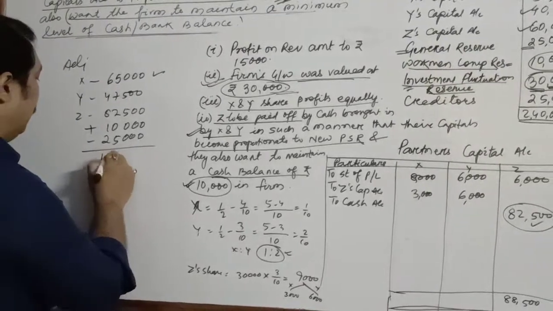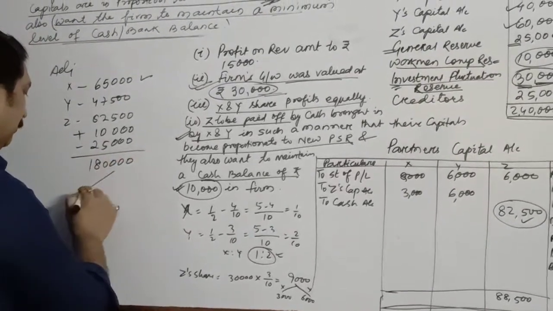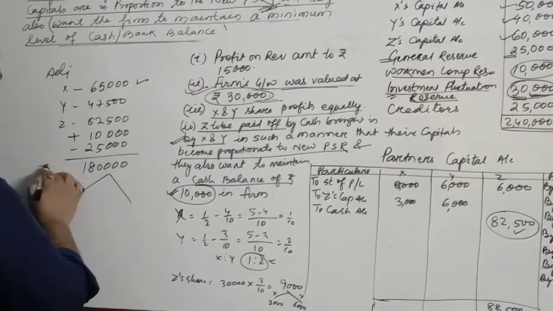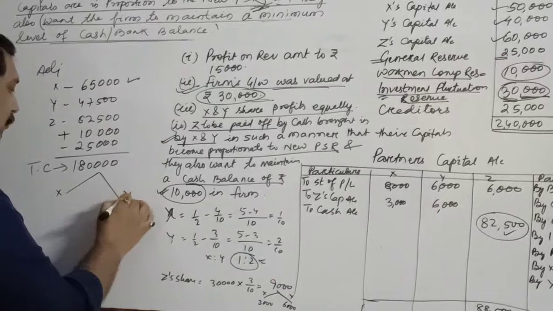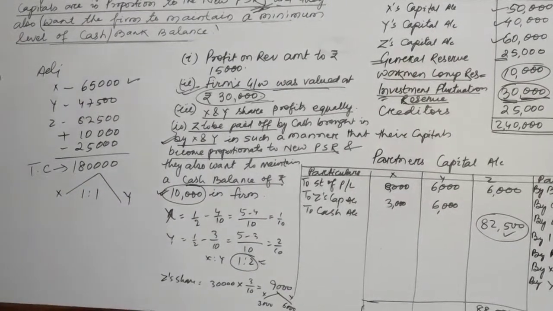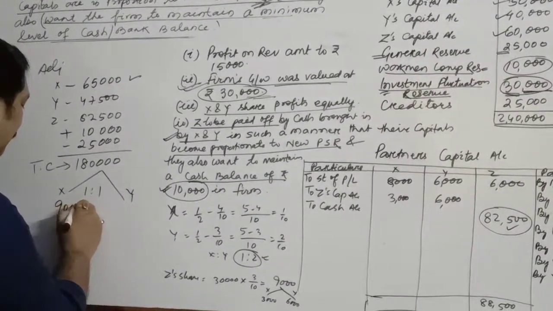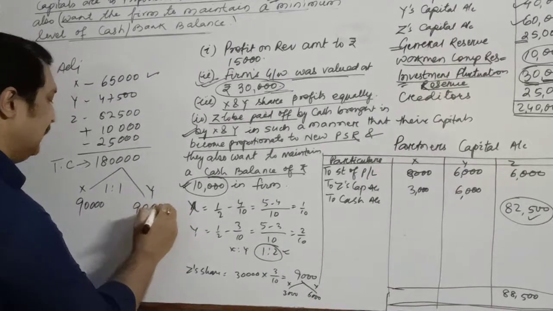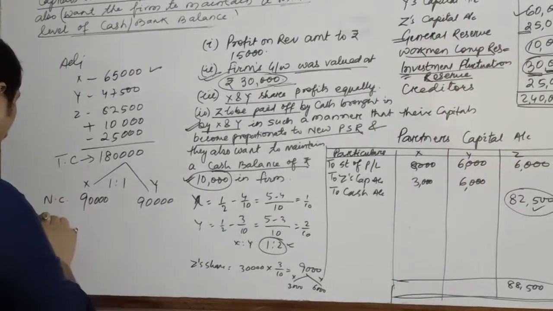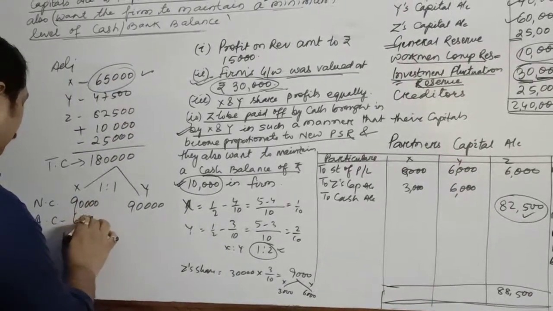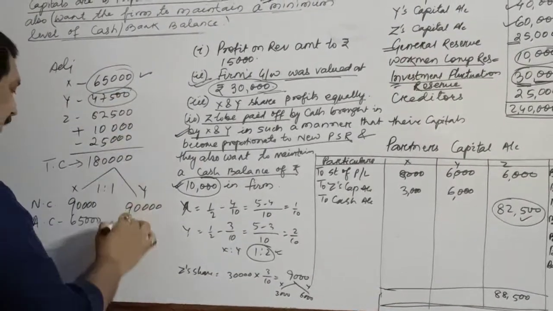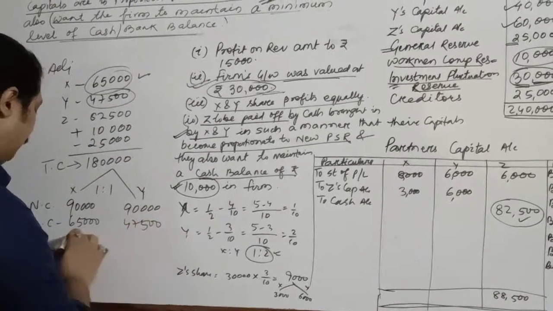So the total is 1,80,000. Now this is your total capital. You will distribute the total capital between X and Y equally because the new PSR is 1:1. So the new capital of X and Y is 90,000, whereas the adjusted capital of X is 65,000 only and Y is 47,500 only.